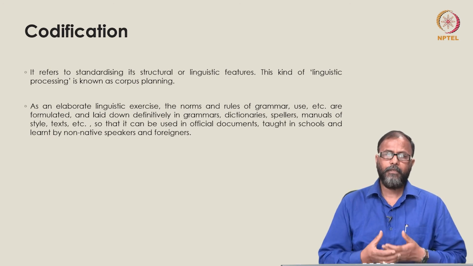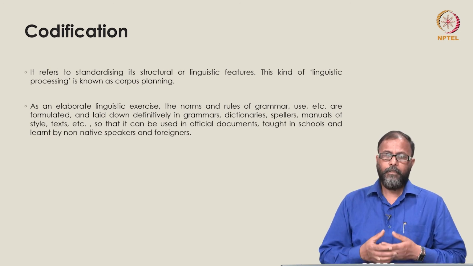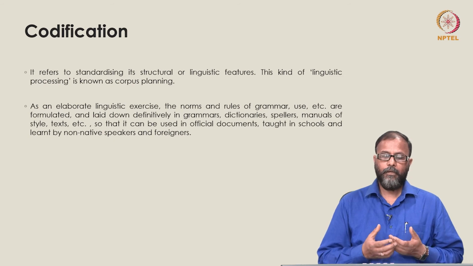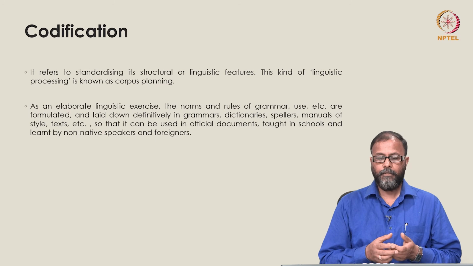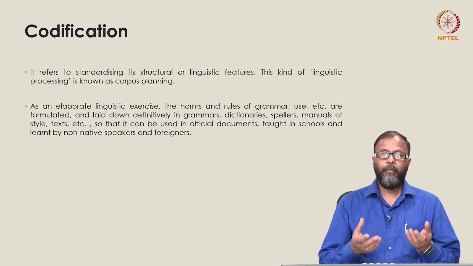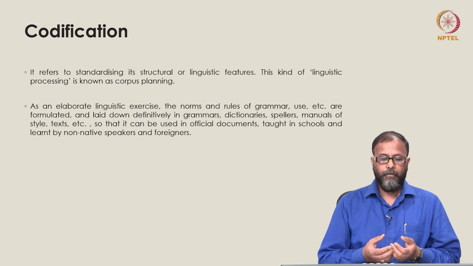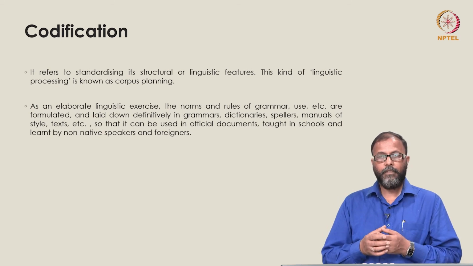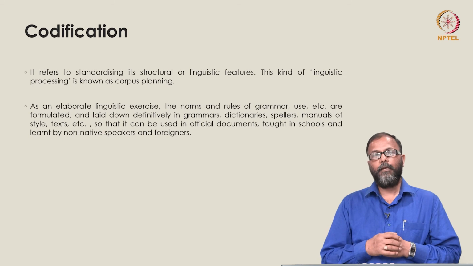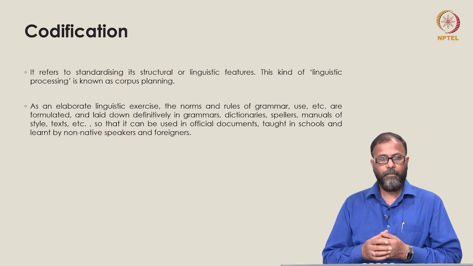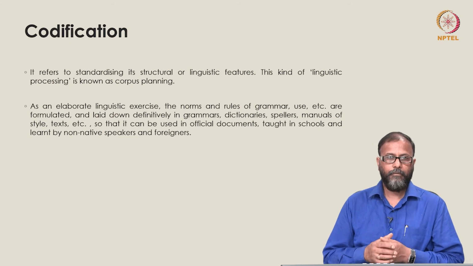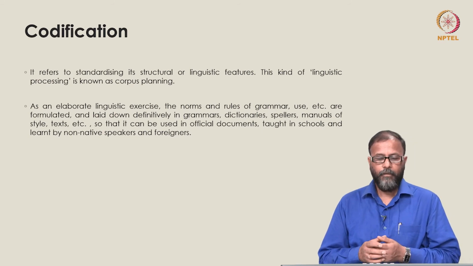So codification refers to standardizing its structural or linguistic features. And what are these features? In terms of grammar, extended vocabulary, right? An elaborate linguistic exercise, the norms and rules of grammar, use, etc., are formulated and laid down.